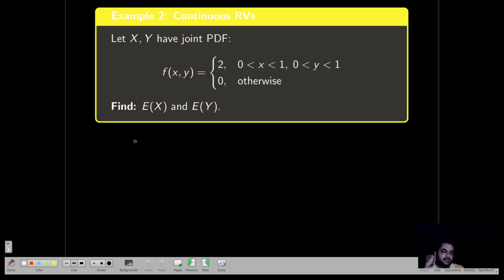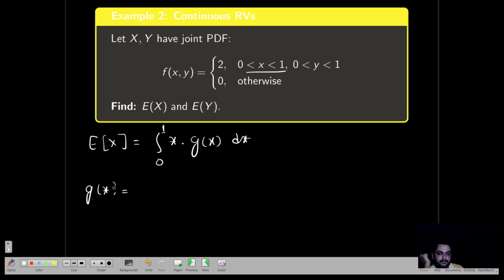Similarly, we have the continuous function. So E of x, you can find it as the integration of x, so x you are finding means x interval you have to consider 0 to 1, x into g of x dx. You find g of x. What is g of x? G of x is the marginal distribution of x. So you integrate over y, 0 to 1, dy.